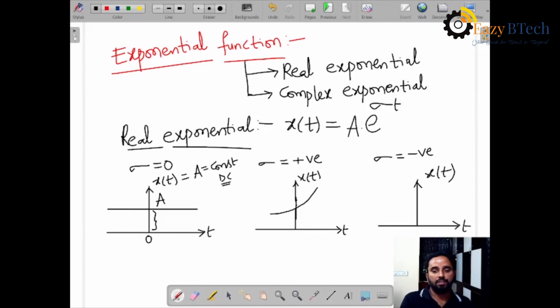This is the result we get. Sigma is positive. This point is A, because at t equal to 0, we get A. Here sigma is greater than 0, so it exponentially increases.